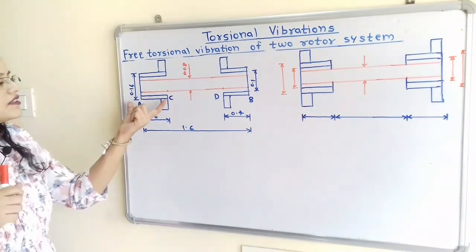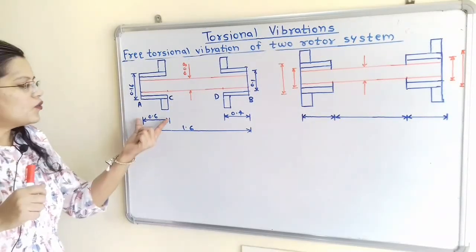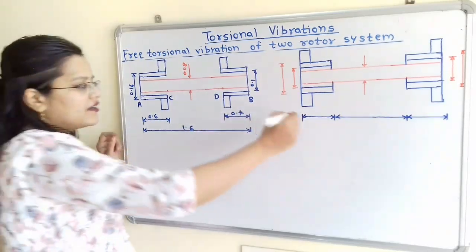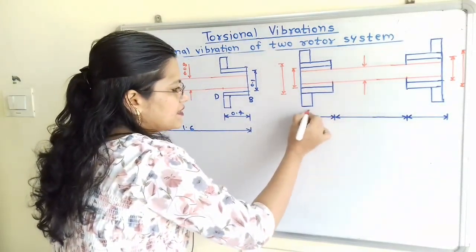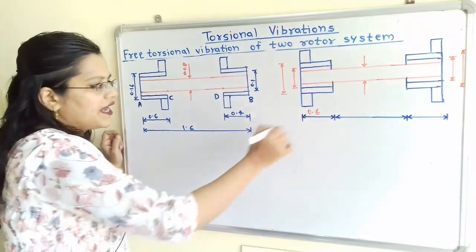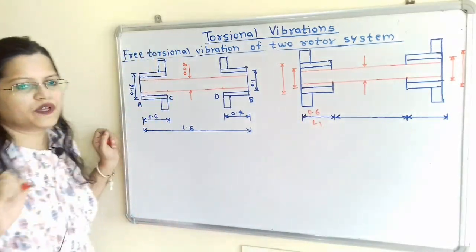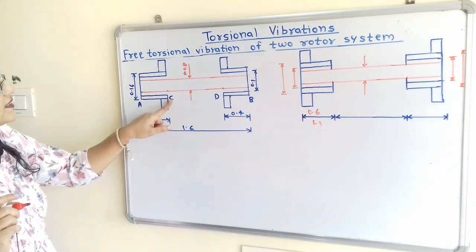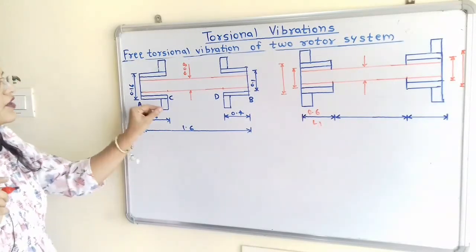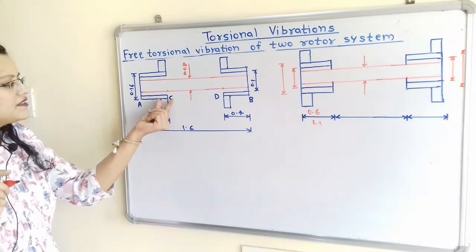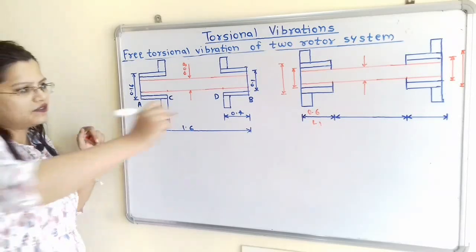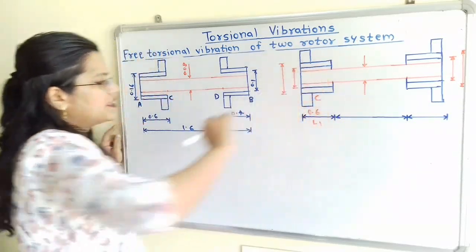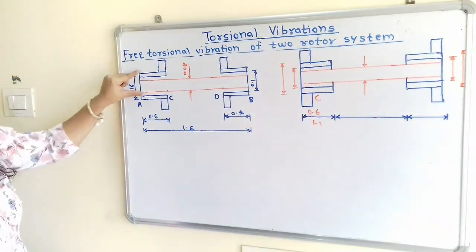We will now consider only the first section, whose length is 0.6 meter. I will mention here the first section whose length is 0.6 meter, and this is known as L1 because this is the first section. Now we will place this point C at the end here, where the rotor is placed, and the end A to the inside.